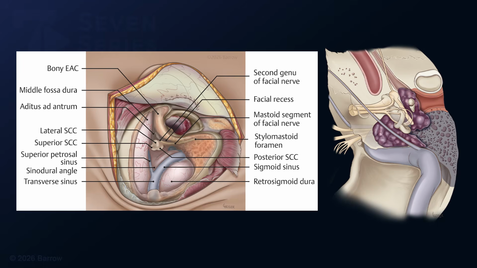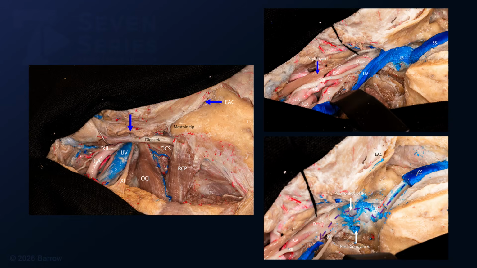Here are some cadaveric dissections highlighting some of the soft tissue dissection that is needed to bring this region into exposure. You can see how the mastoid tip needs to be removed, the digastric muscle needs to be divided, and the internal jugular vein needs to be traced from the neck all the way through the jugular bulb and up to the sigmoid sinus.